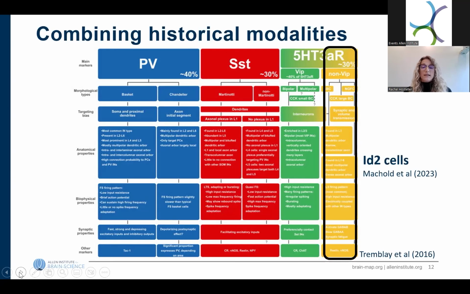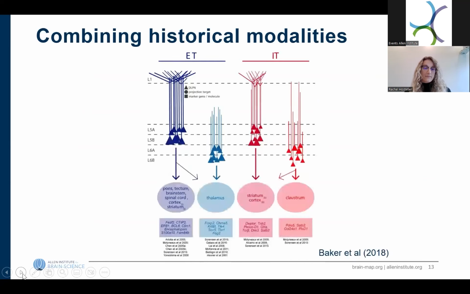And even more recently, within the last year, there's been another molecular marker that was identified specifically for this other group of cells called the ID2 cells. So again, this is a work in progress, and researchers are continuously finding new ways to define different types of cells. Here's an example of what combining these different modalities looks like in our excitatory cells.